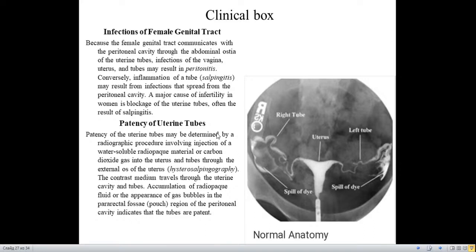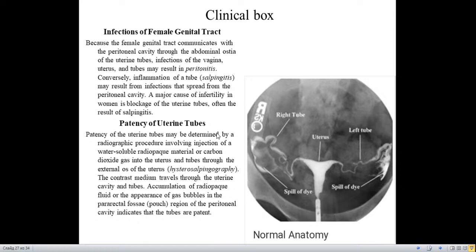Then one more very common method of assessment of the female reproductive tract, especially for patency of the uterine tubes, is known as hysterosalpingography. Remember, I provided you other names of female genital organs.